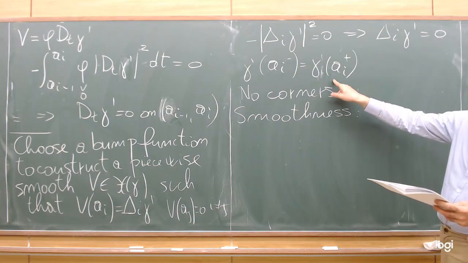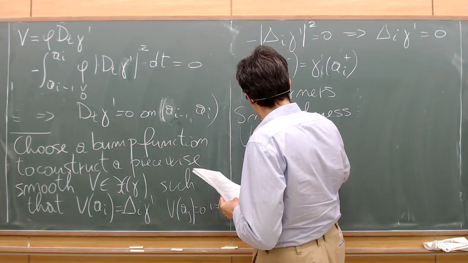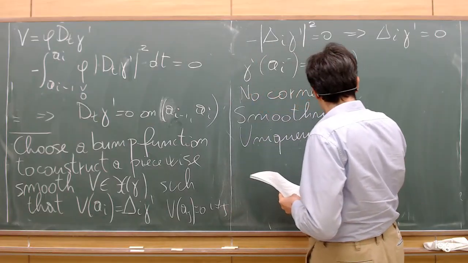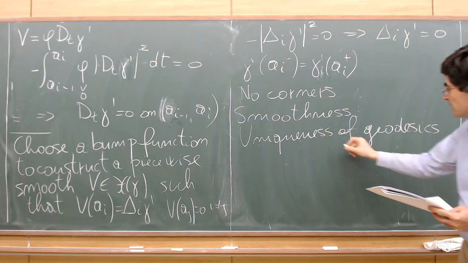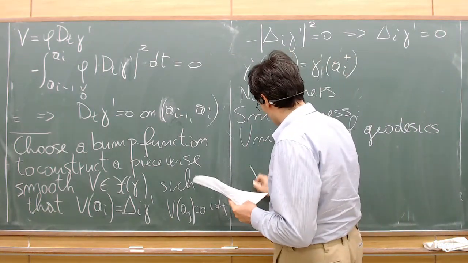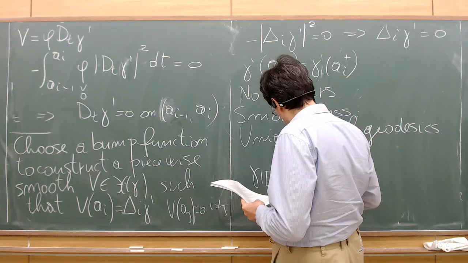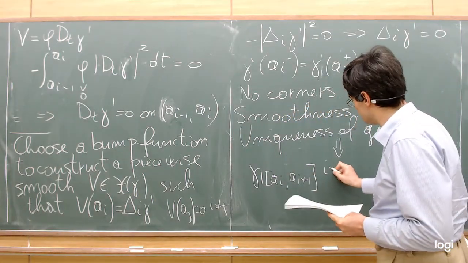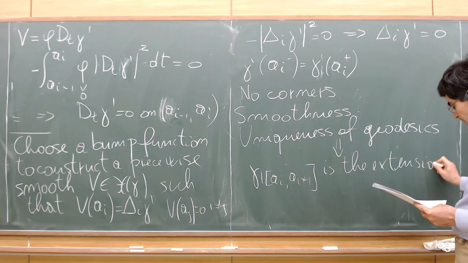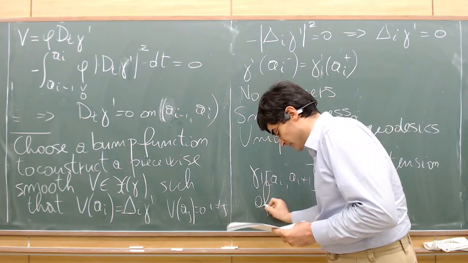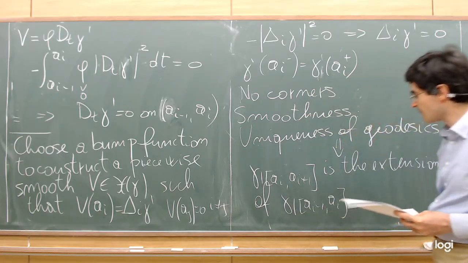Since there are no corners, then you use uniqueness of geodesics to prove that the restriction of gamma to this subinterval is the extension of gamma restricted to a_{i-1}, a_i. Why?